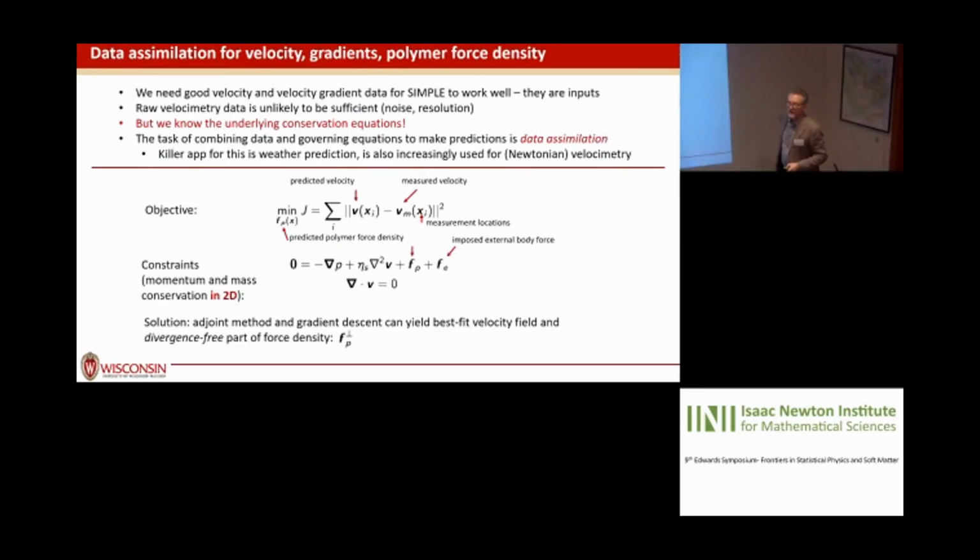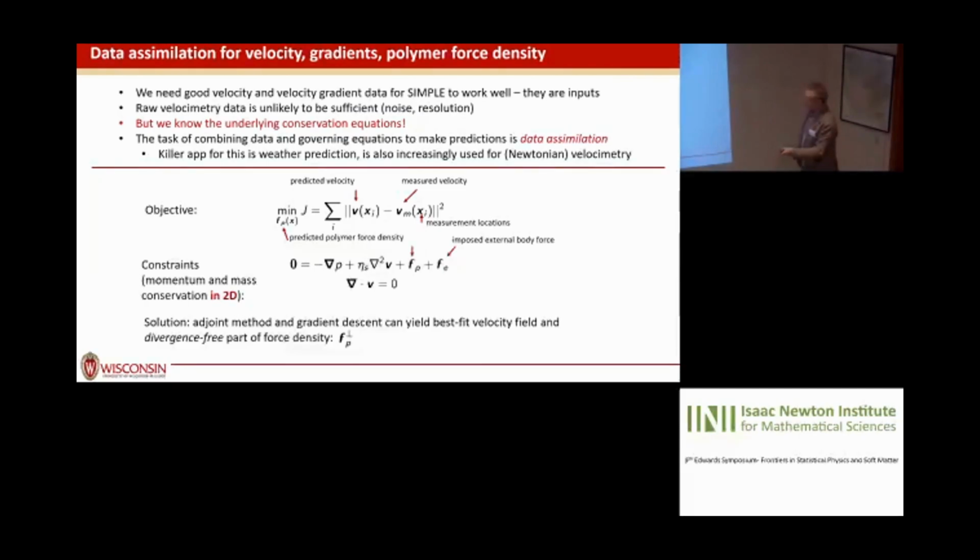The unknown in that case, the handle that you have, is the force density in the momentum equation, the divergence of the stress tensor. And so in principle, if you have velocimetry data, you can find both the velocity field that satisfies Stokes or Navier-Stokes and the corresponding force density.